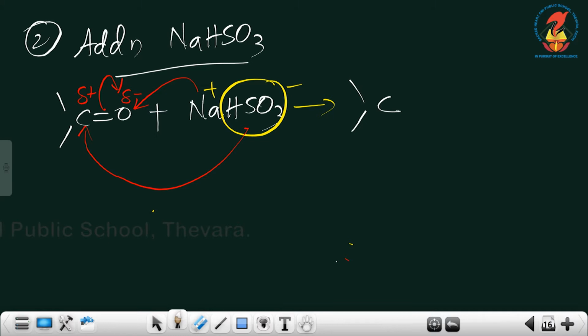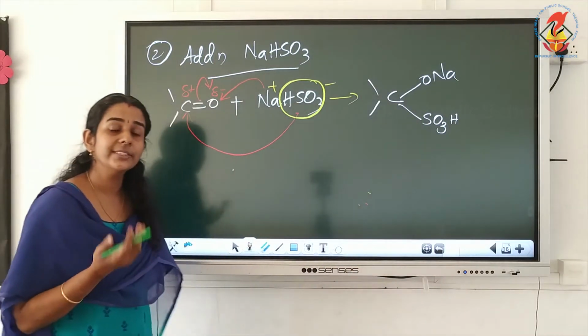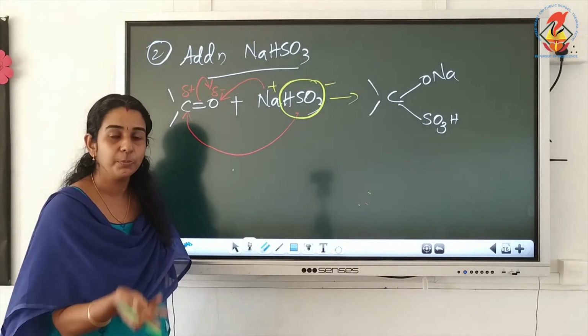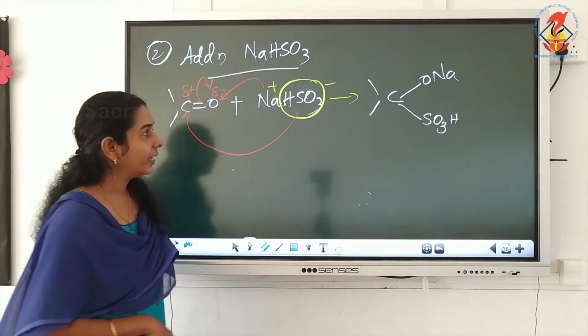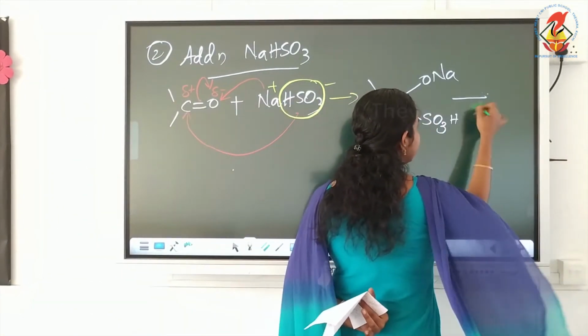Double bond O will become single bond O Na, isn't it? Now to this carbonyl carbon, what will be attached? HSO3. But how is the bonding in HSO3? Not through the hydrogen atom, it is SO3H. In some textbooks you can see it as OSO2H. Both are correct.